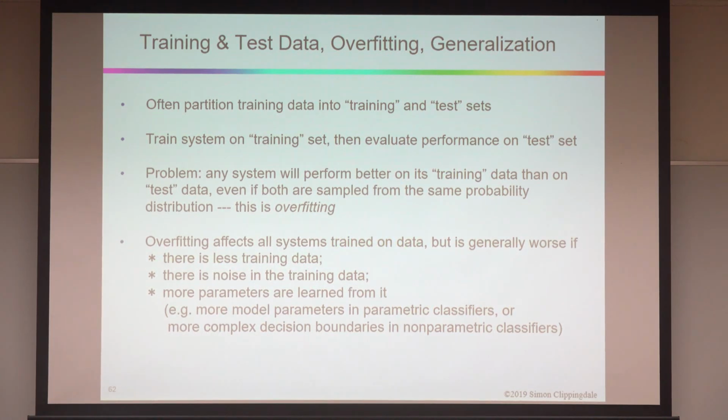The less training data you have, the more likely you are to overfit your classifier to it. If there's noise in the training data, that causes problems. If you try to learn too many model parameters, for example, when you decide where to put your boundaries in a parametric classifier, or use more complex decision boundaries for nearest neighbors, you can get overfitting.